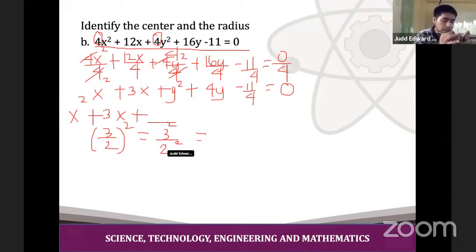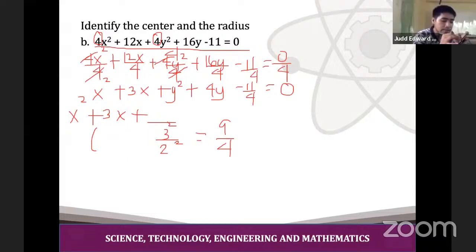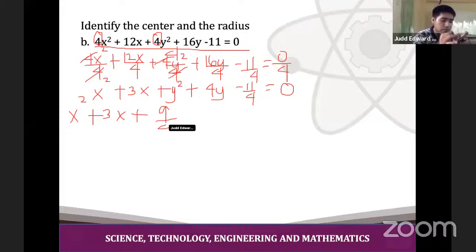And what is 3 squared? That is 9. 2 squared, that is 4. Therefore, yung i-add natin ngayon doon is 9 over 4. That is 9/4. So yan yung isa nating unang inadd. Doon naman tayo sa y. That is y squared plus 4y plus.